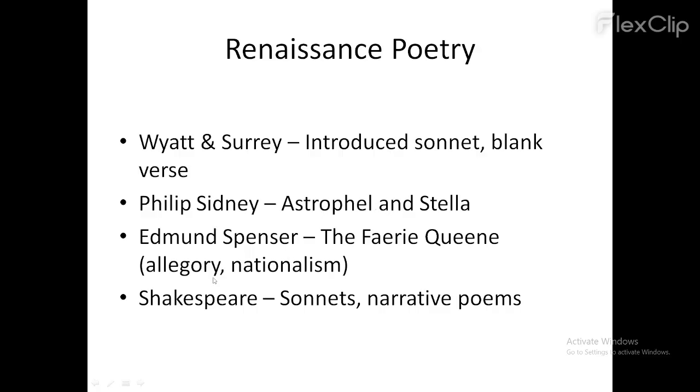It is in the form of allegory and it deals with the theme of nationalism. Now the next poet, dramatist and philosopher is William Shakespeare, whose 154 sonnets, some narrative poems, and many plays in the form of comedy, tragedy, and tragicomedy we have.